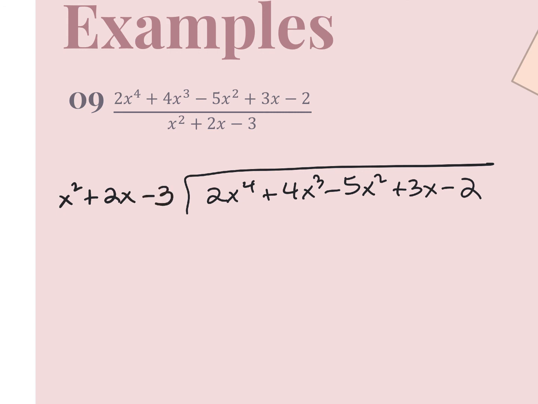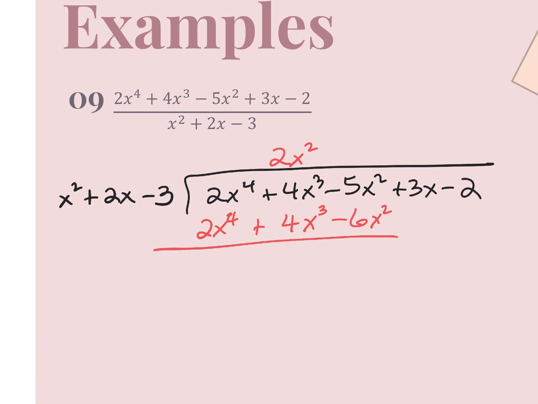What are we going to multiply x squared by to make it become 2x to the 4th? I'm going to multiply it by 2x squared. So once I multiply that, I get 2x to the fourth, plus 4x cubed, minus 6x squared.